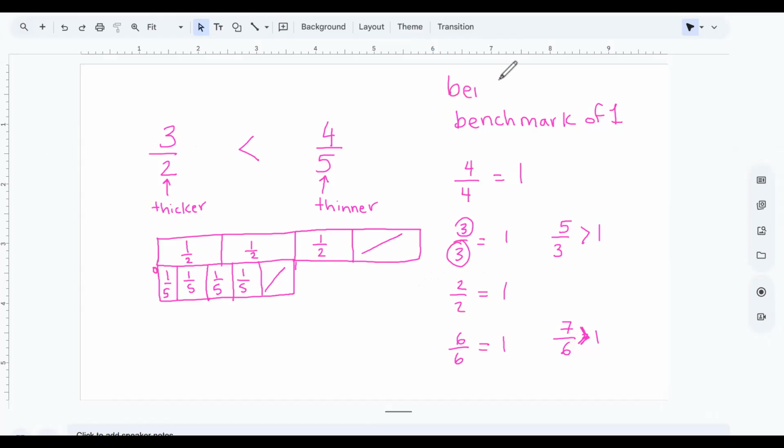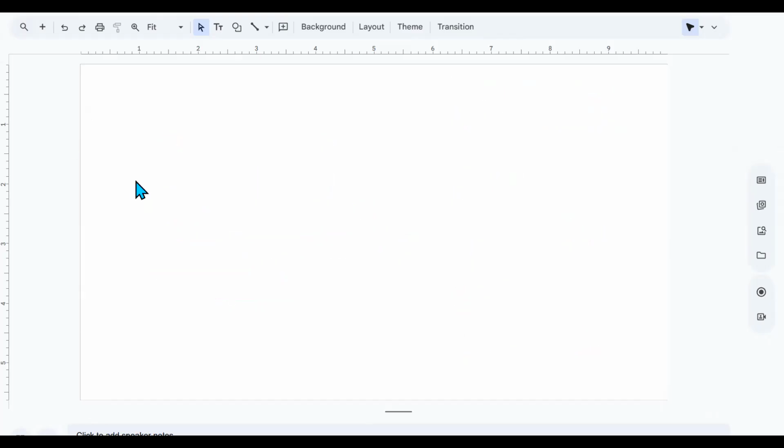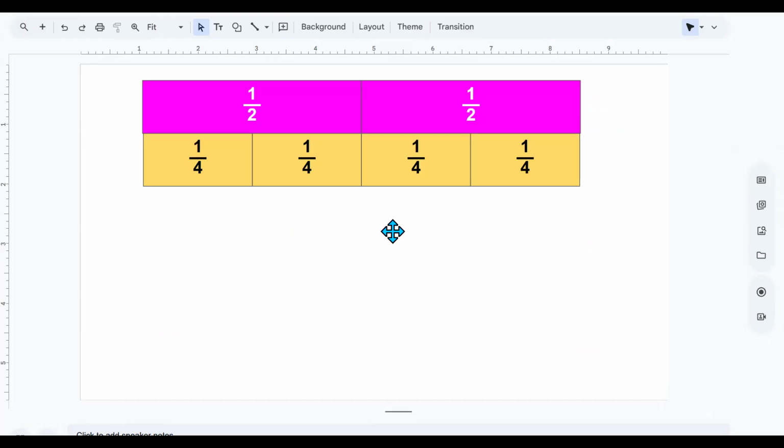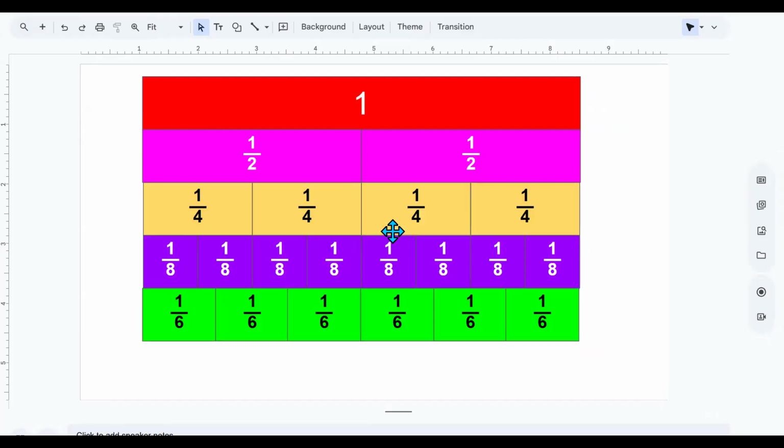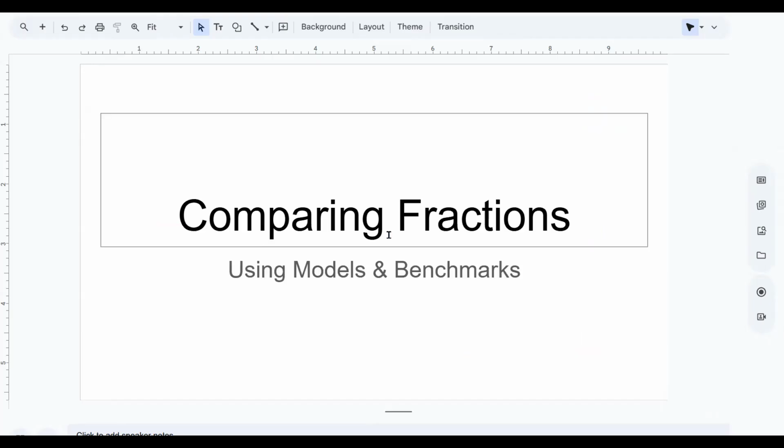We can use models like we did earlier. And just think about the denominator, think about the numerator, and then use those methods that we talked about in this video to compare different fractions.